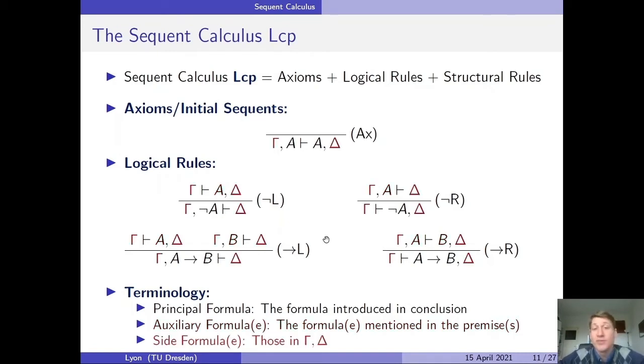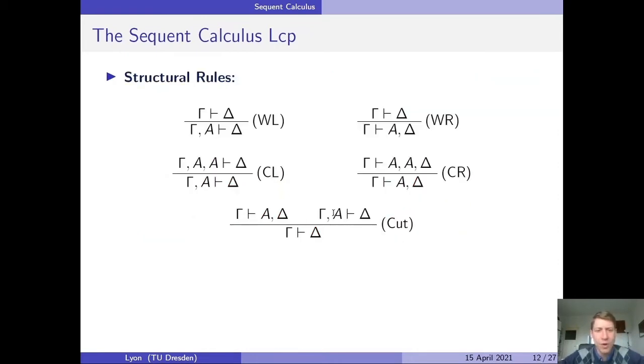And then we have what are called side formulae. These are the non-active formulae, or sometimes these are referred to as contexts. These are just the formulae that sit to the side in the inference. They don't play any role whatsoever.